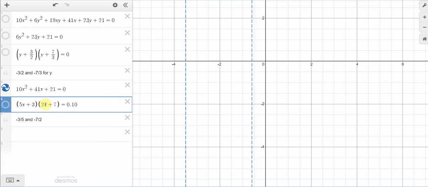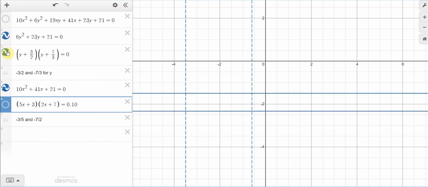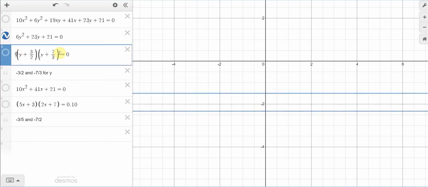You can see it stays the same. Now for the y part, I want you to do the same, but with 2 and 3 and multiply by 6 over here. Am I changing it?